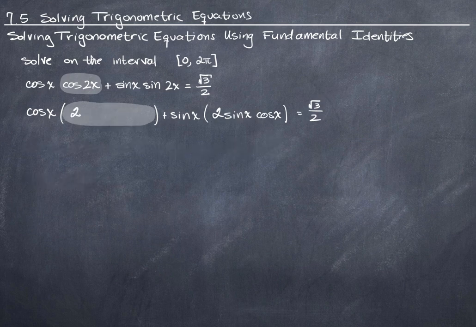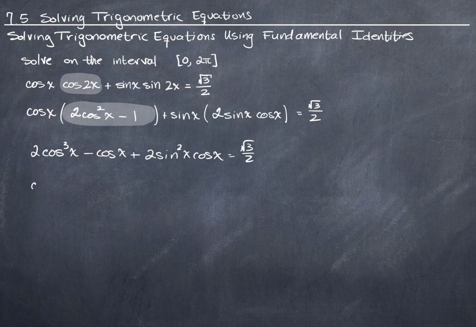So if this time I replace this with 2 cosine squared of x minus 1 and distribute, I get 2 cosine cubed of x minus cosine of x plus 2 sine squared x cosine of x equals root 3 over 2. I still have a common factor of the cosine of x. I'm going to factor that out.